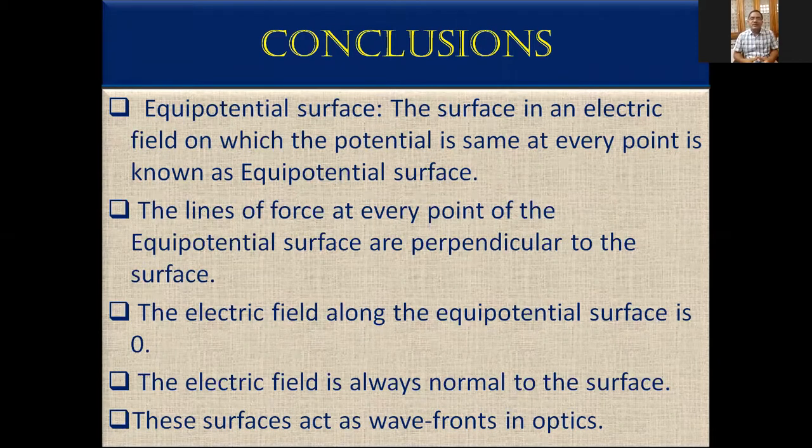The electric field is always perpendicular to the equipotential surface at every point, and these surfaces are similar to the wavefronts in optics. The work done in moving the charge from one point to another point on the equipotential surface is equal to 0, as there is no potential difference.